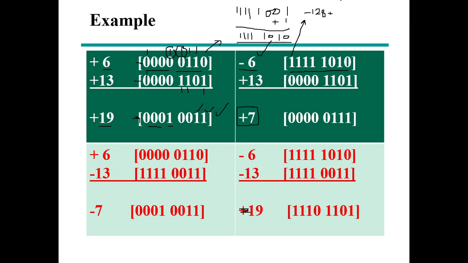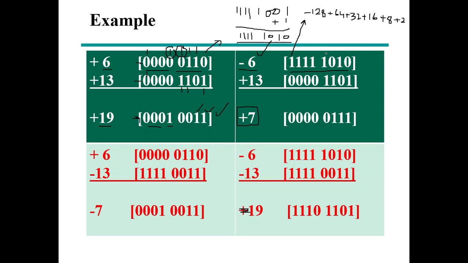So this is minus 128 plus 64, minus 64 plus 32, minus 32 plus 16, minus 16, plus 8, minus 8 and plus 2, minus 6.